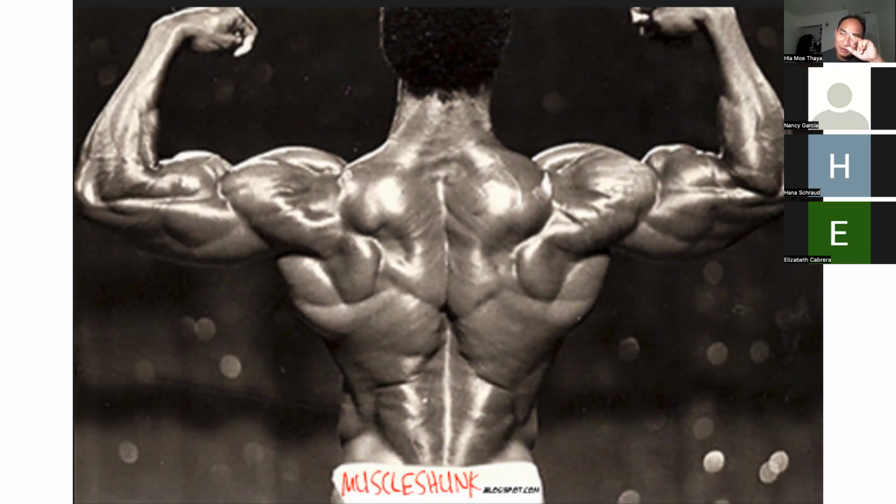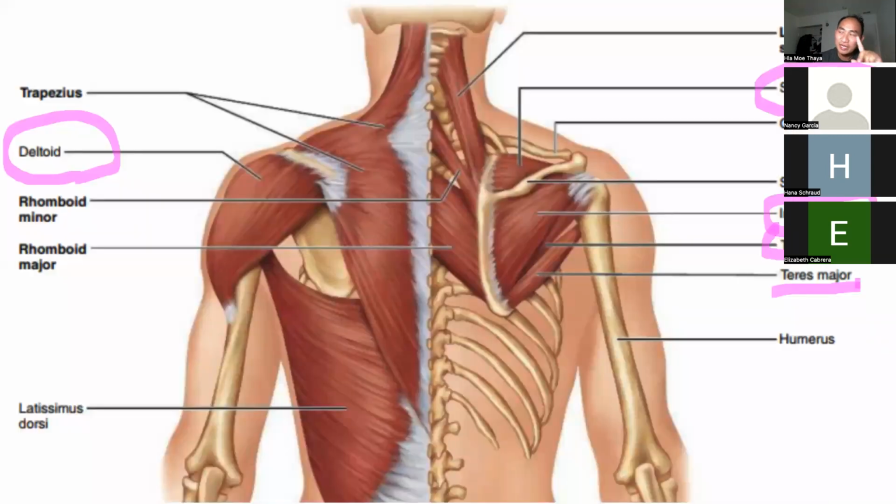So let's go and check the diagram. If we remember this diagram, let's go and check it. This is the posterior surface of the body, and we have removed the skin. On the left side, we can see the trapezius muscle, which is the trapezium shape, and we can see the large latissimus dorsi muscle here.